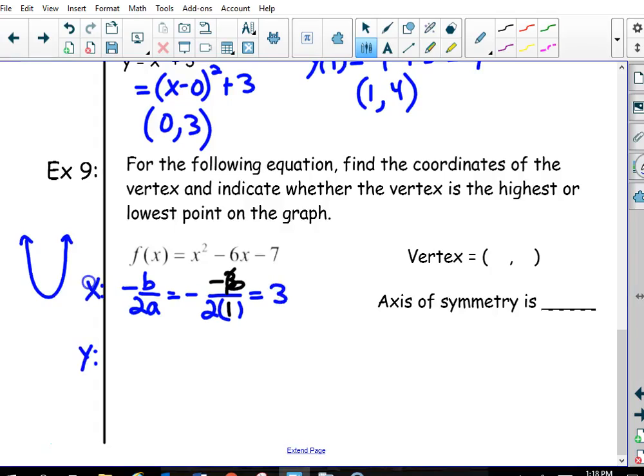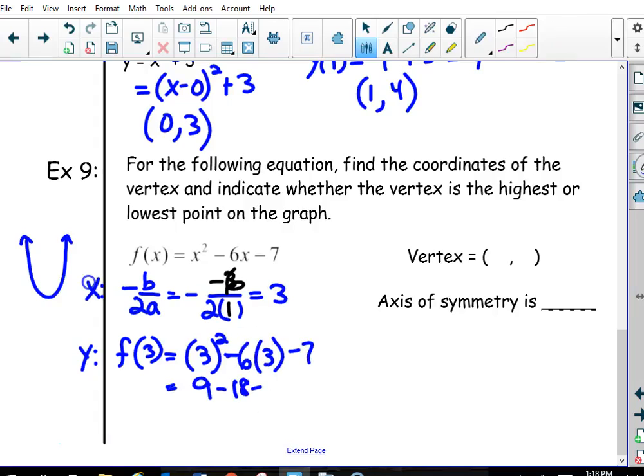Y-coordinate. Looks like -9, -7, -16. All right, so our vertex is at 3, -16.